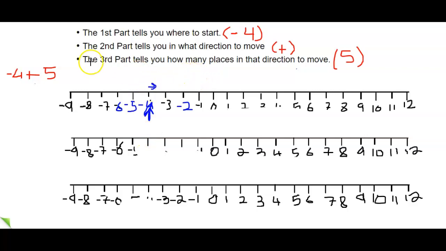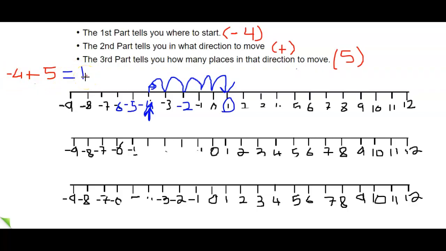Now the third part is positive, so we continue to move right. Plus 5 means we move 5 places to the right: 1, 2, 3, 4, 5. So we get 1. Negative 4 plus 5 equals positive 1, and that's our answer there.